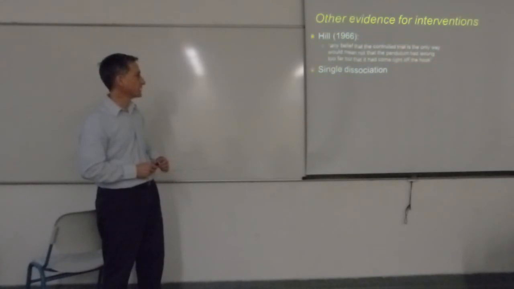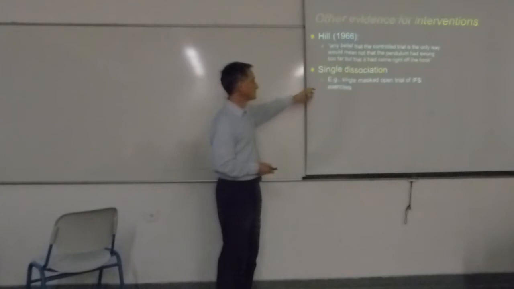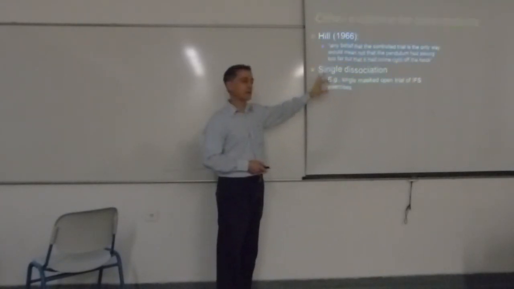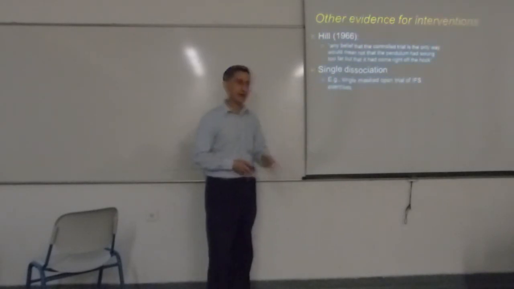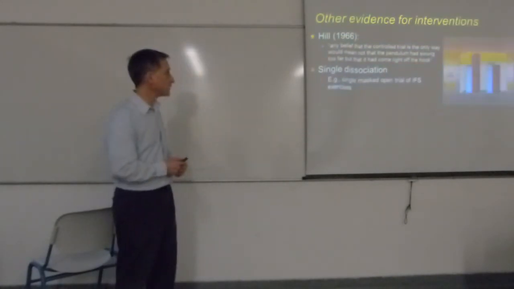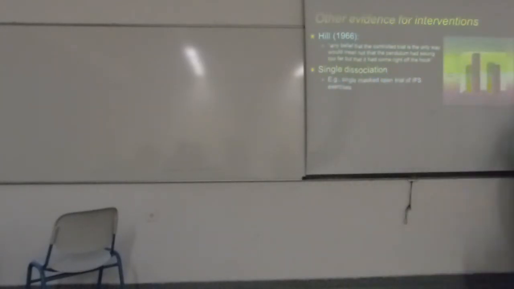For example, single dissociation. I'm going to talk tomorrow morning about some eye exercises that we developed. When we developed this vision therapy for convergence insufficiency, we didn't have funding to do a big randomized controlled trial. So what we did was we didn't tell our participants that the exercises are training their convergence, so they should improve their convergent fusional reserve, but not their divergent.